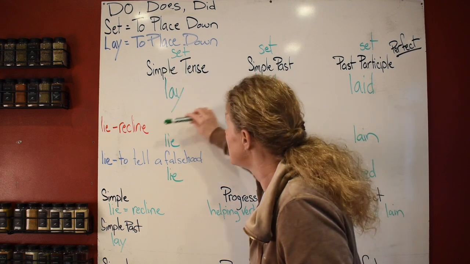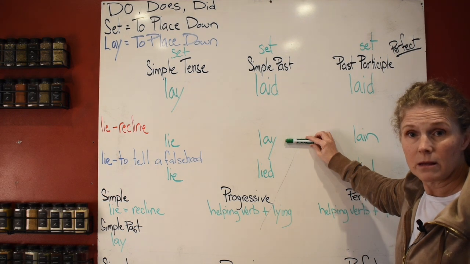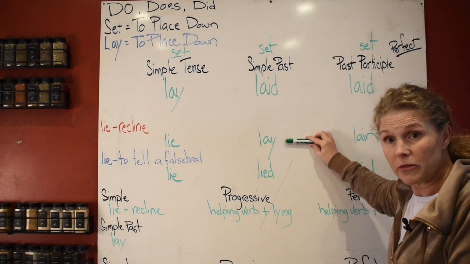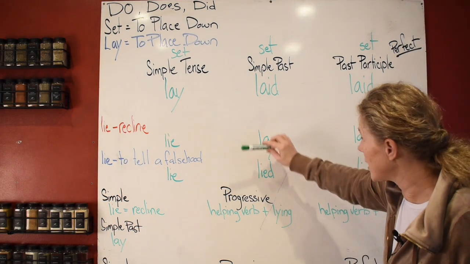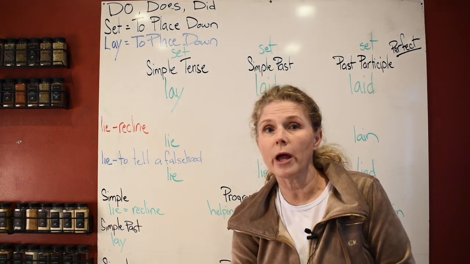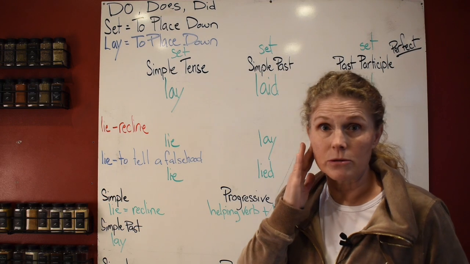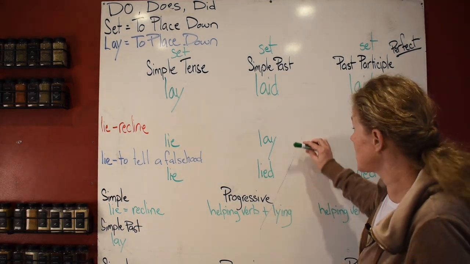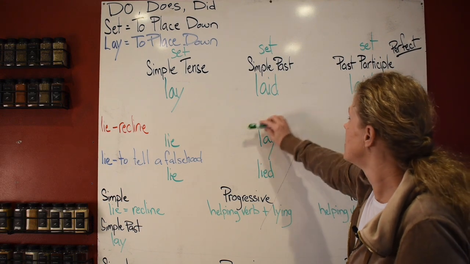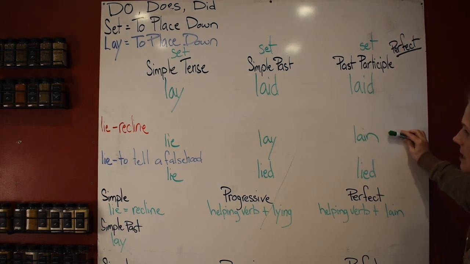That's this lay. But this right here, I lay on the floor. No direct object. It means you are horizontal. With this one, you've actually laid something down. But this one, your whole body is down. Okay? Does that make sense? Yeah. And then you need to remember that the past participle is lain.